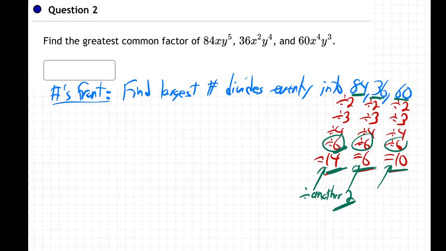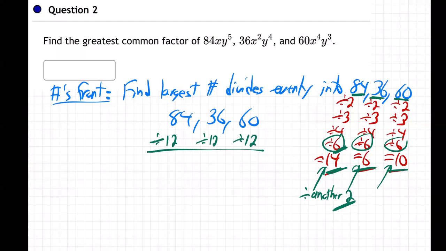Tracking with me? So let's go back. So that means 84, 36, and 60. What I'm saying is they're all divisible by 12. And what will that equal? If you divide that one by 12, it'll be 7. This one will be 3. And this one will be 5. And that's got to be the biggest number.